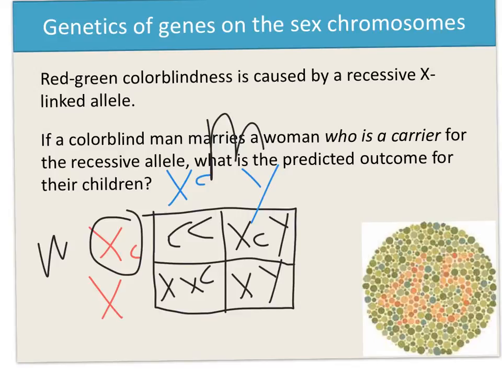Okay, so let's take a look at this. We have a female child here, and a male child here that is, in fact, colorblind. On the bottom, we have an X and an X^C, a carrier, and so this is a carrier female.